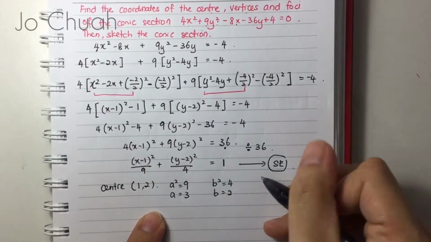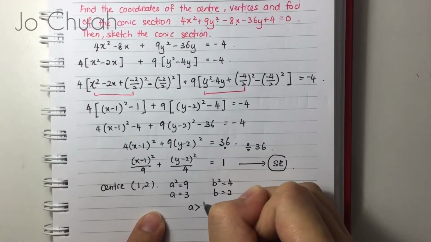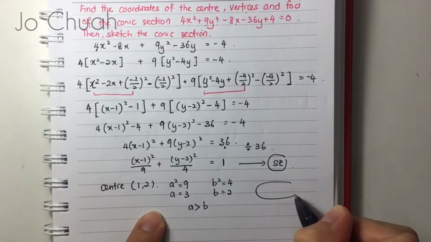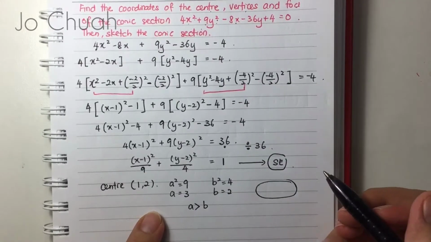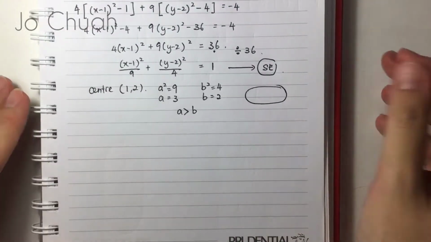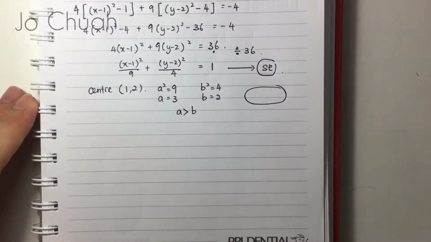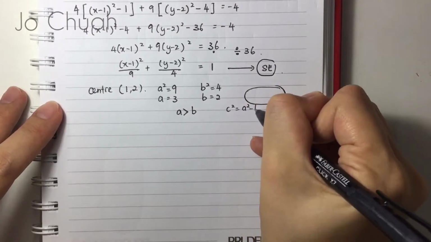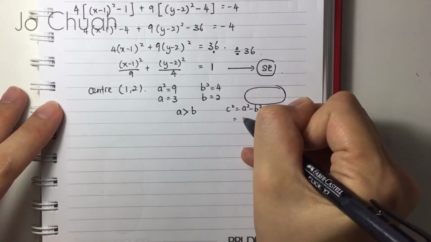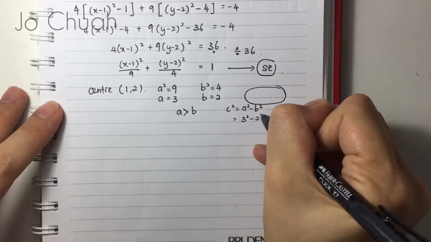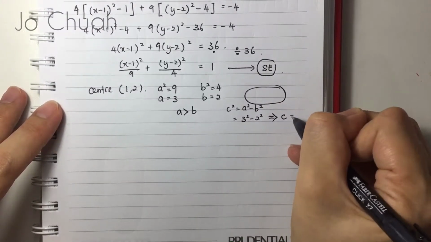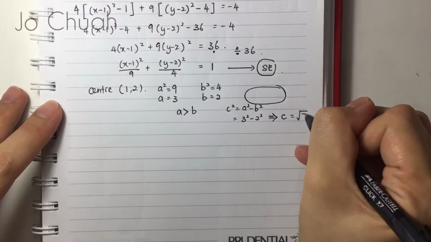So you have a bigger than b, and you're expecting a shape like this. Then your c squared is actually a squared minus b squared, which is 3 squared minus 2 squared. So you're going to have c equals the square root of 5.